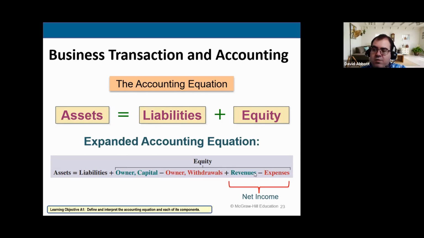And remember that your revenues minus your expenses determines your net income. Net income, another way to say, is profit. And we know that for a business, the goal of a business is to make a profit.